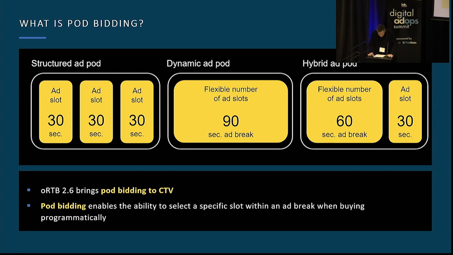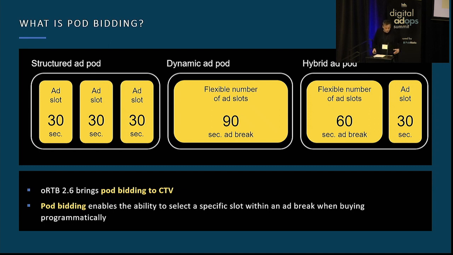So it could be a collection of 10, 15, 30, if brave enough, maybe even just a 90 chucked in there to play. And then the final being hybrid, not a real head scratcher as to what this is. It's a combination of the two. So you could have a flexible number of ad slots mixed together under a 60, and then a final 30. An example of that might be you dedicate that 30 to a programmatic guaranteed slot in your tech stack.